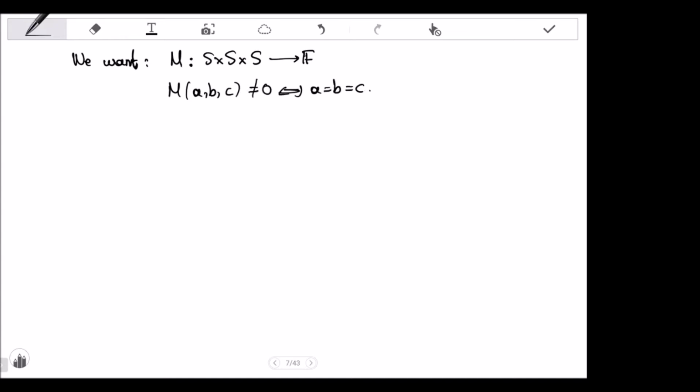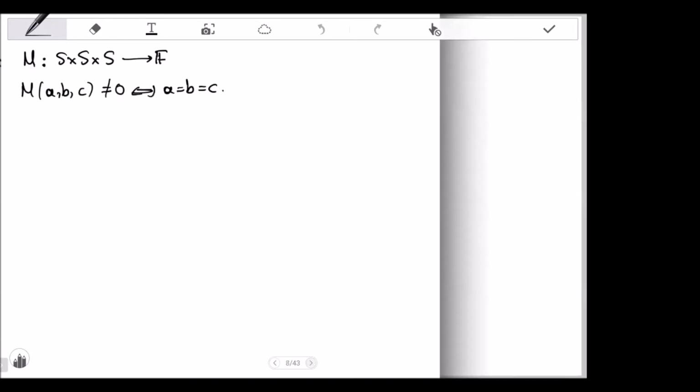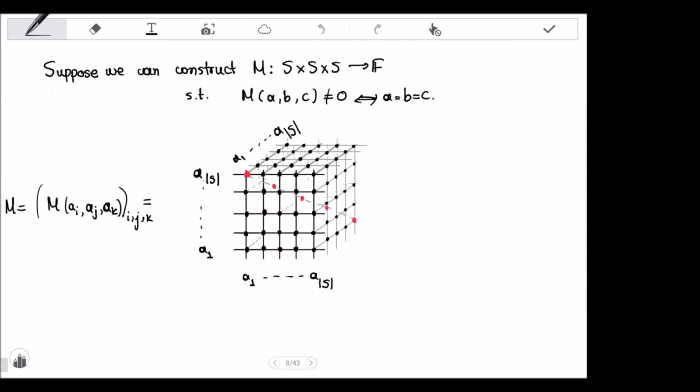Okay. And we can visualize this as a 3-dimensional matrix here. And I've made red here the diagonal of this cube where all the non-zero elements can be found. All these are non-zero and everything black is zero.